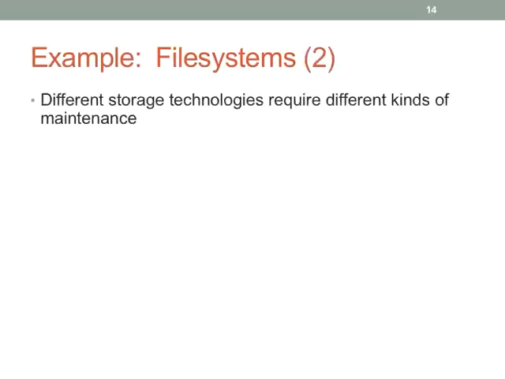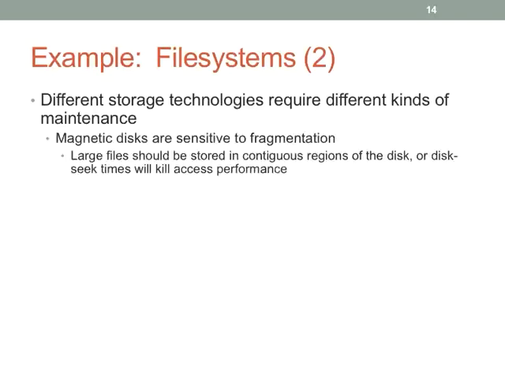You have different kinds of maintenance. I don't know if you think about that very often, except when your mom or your grandma calls and says, my computer's slow, and you're like, okay, well, did you defragment the hard disk and all of that kind of stuff? Well, that's maintenance that the operating system has to deal with, and different kinds of storage actually require different kinds of maintenance.